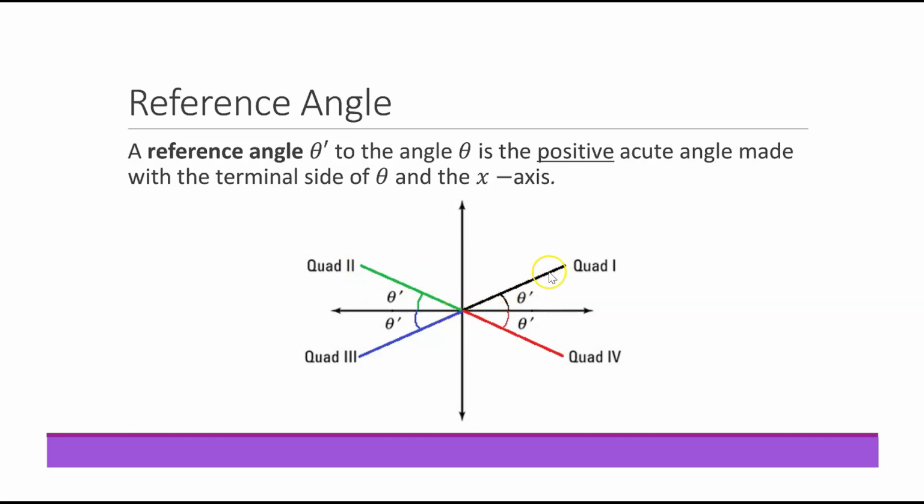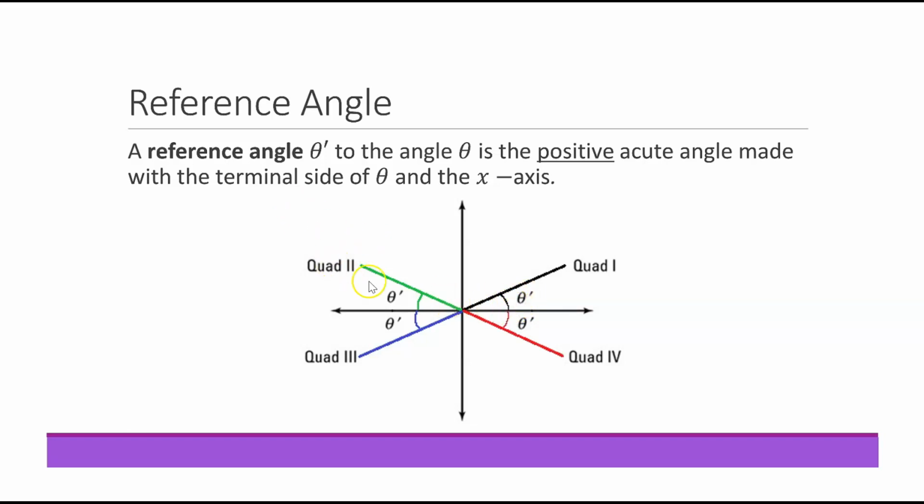We'll start with the first one. In quadrant 1, this black line indicates the terminal side of an angle, and so the reference angle, theta prime, is just equal to the original angle. A reference angle is the positive acute angle made with the terminal side and the x-axis, so here the original angle theta is equal to the reference angle theta prime.